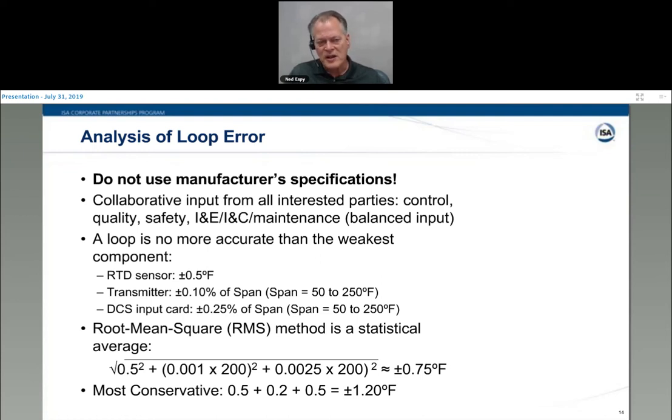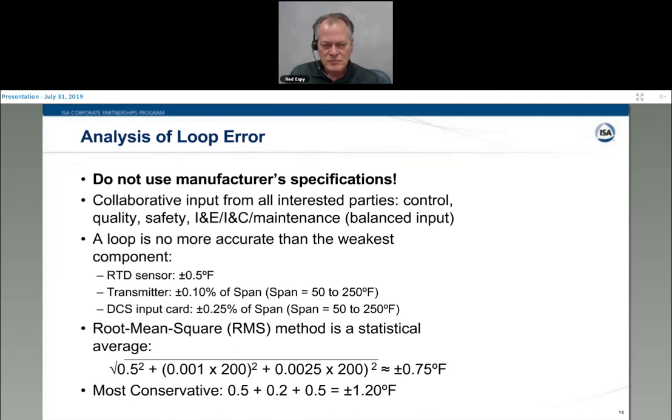It's from your instrumentation and electrical group, your control people, and the maintenance people, because when you set a tight tolerance, that's putting pressure on the maintenance people. It makes it more expensive or more timely to meet a tight specification. So really try to strike a middle ground with all the parties and come up with something realistic that meets your requirements.